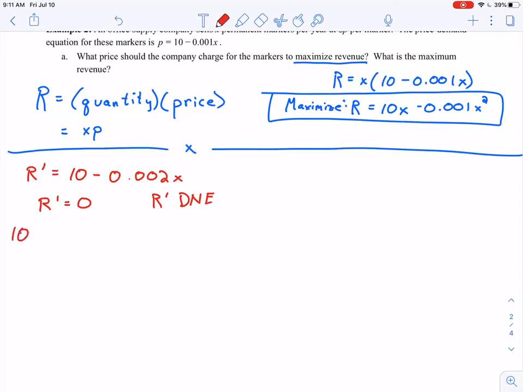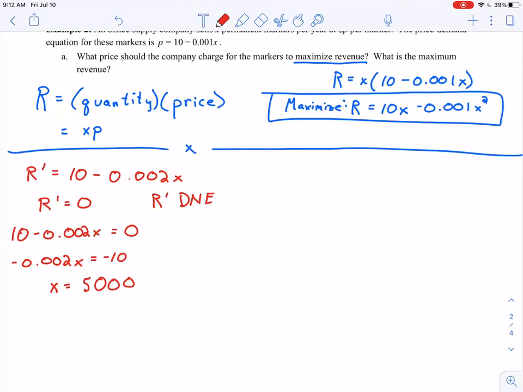So I'll take 10 minus 0.002x, set it equal to 0. We're going to solve for x. So let's see, I'll have negative 0.002x is equal to negative 10. So x must be, I believe, 5,000, but I want to double check.